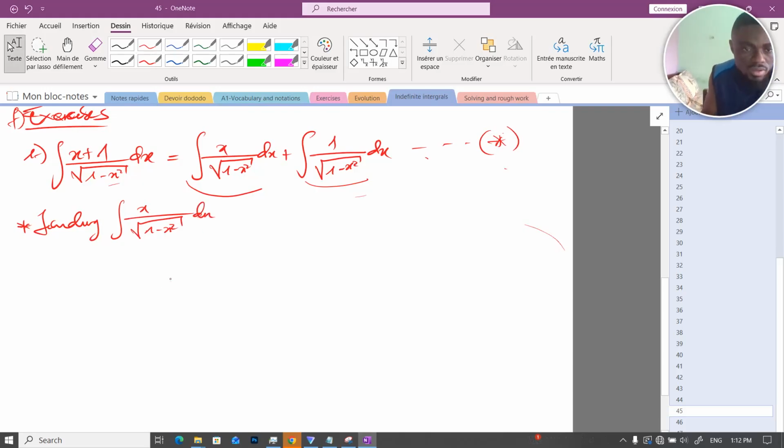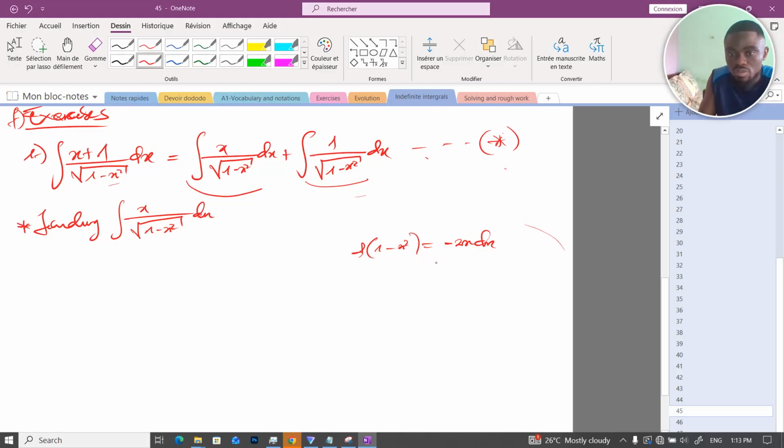Okay, now what do you see? You see that if I differentiate implicitly 1 minus x squared, this will be equal to what? Minus 2x dx. Is that okay? But at the top here, you're already having an x. This means if I multiply this integral by minus 2 at the top and at the bottom, this will help me.